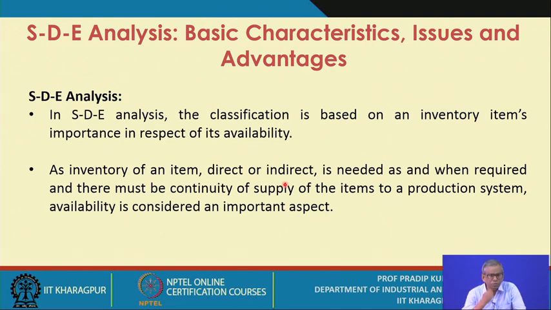The second one is the well-known ABC analysis, based on annual usage value, where you attach importance to a particular item based on its annual usage value. The third one we have discussed is VED analysis, based on the criticality of the item.